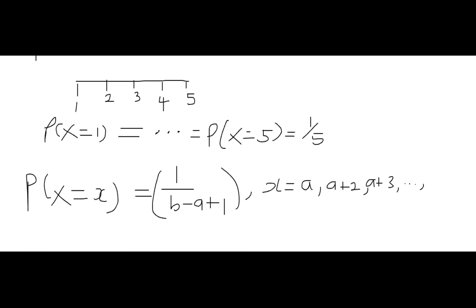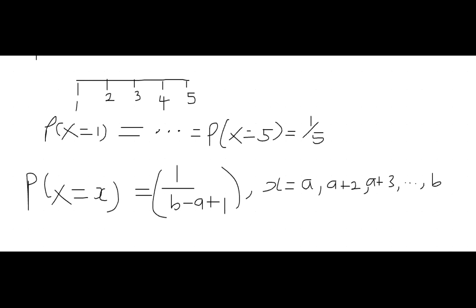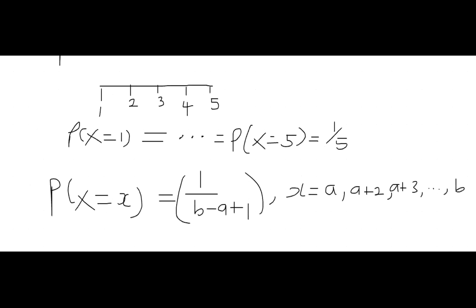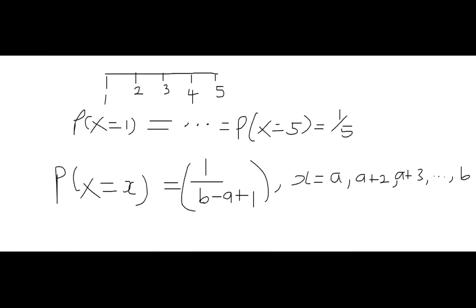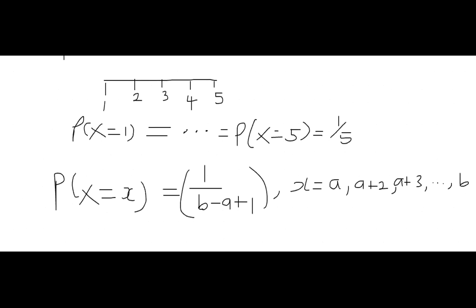All right, let's make it simpler. B here is going to be your 5 in this case. What we called our n the other time is going to be our b. What we call our a is going to be 1 in this case.